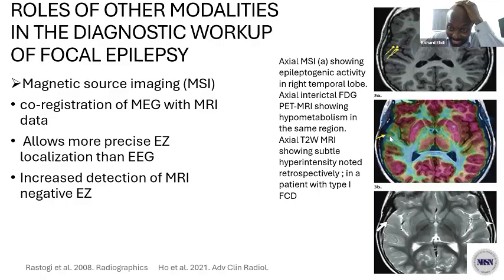Then the image below is a PET image that shows hypometabolism, inter-ictal hypometabolism, that corresponds to this location in magnetic source imaging. And then this is a structural MRI, T2-weighted image. This lesion was initially missed because it's so subtle. So if not for the use of this advanced modality, it would have been missed.